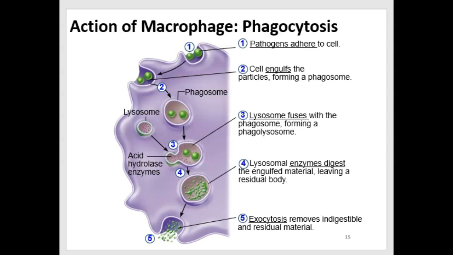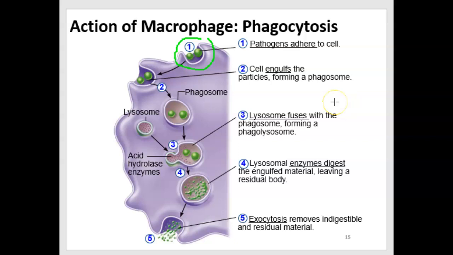Let's look at how macrophages perform phagocytosis. We can see the process in this picture. First, the pathogen adheres to the macrophage. So the pathogen is green in this picture. The macrophage is purple.